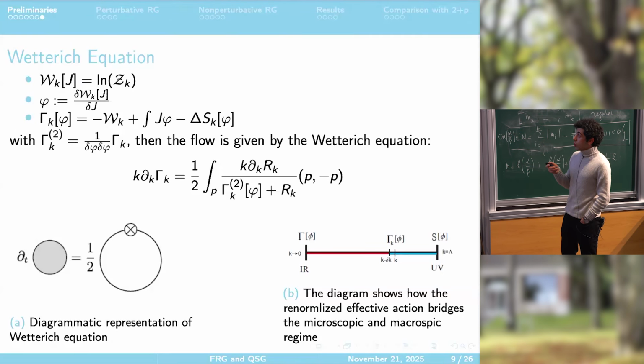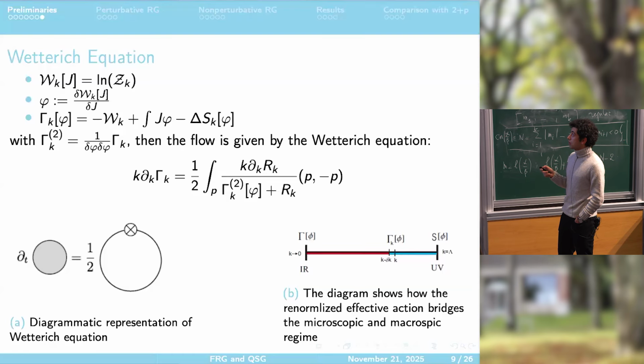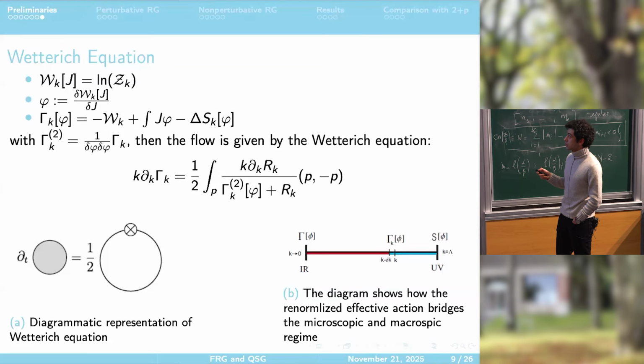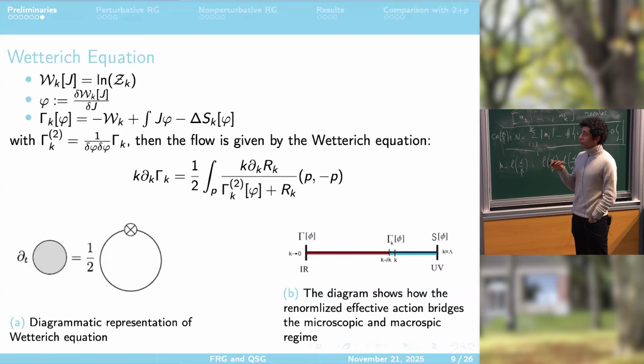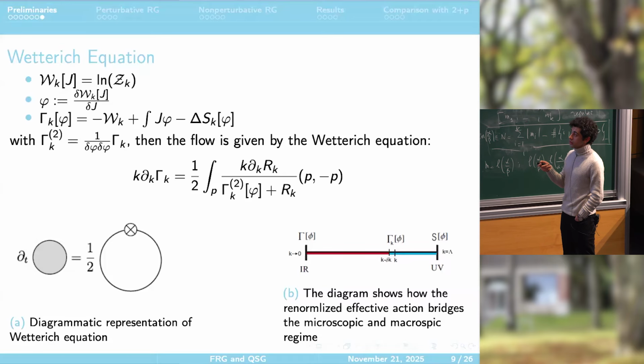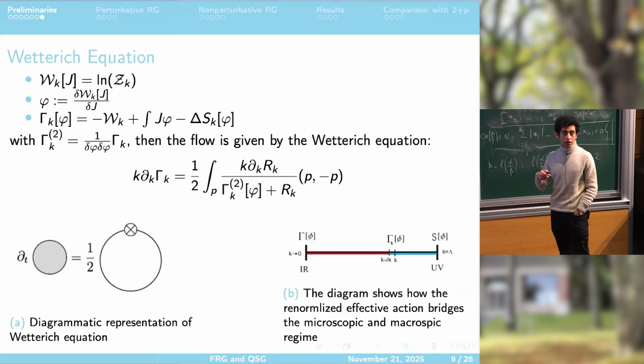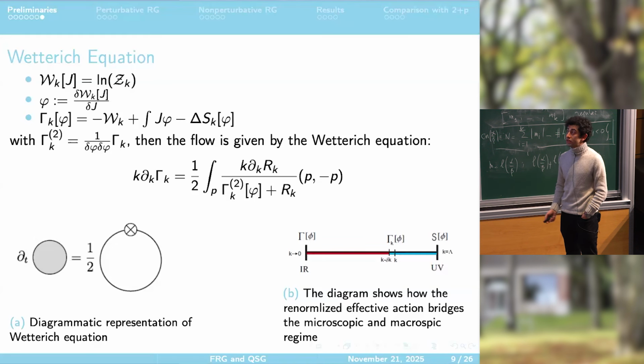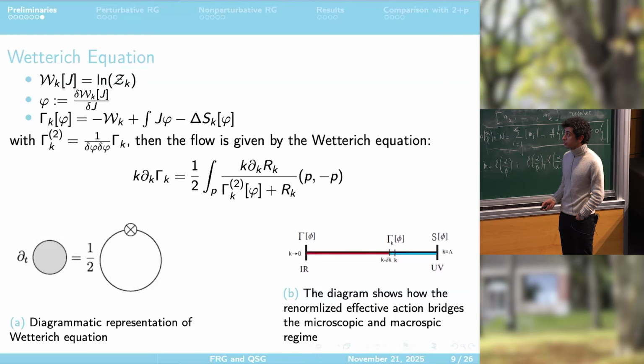Formally, the flow equation, the way that our couplings and our effective action flow from UV to IR, is given by the Wetterich equation. I think it would be best to understand it diagrammatically. There is this parameter t that we call the renormalization time, which you can understand as minus the logarithm of k.